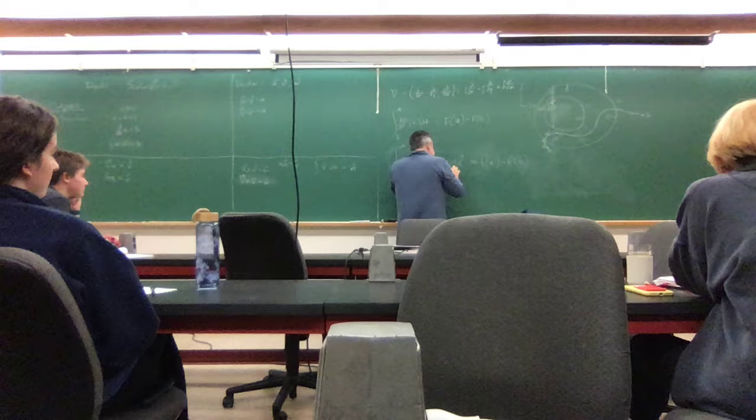Okay, one more thing I want to say. Does anybody see a resemblance between this and this? So what's the equivalent thing that's playing the role of d by dt on this? Gradient, like the partial derivatives.